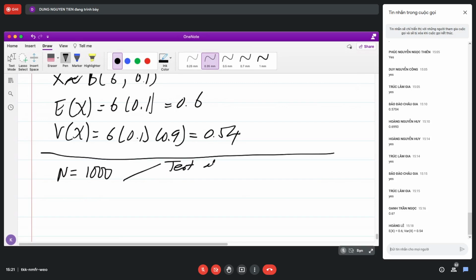Test all 1,000 people. Then how many tests do we need? You need exactly 1,000 tests, right? Another way to do it is not to test all 1,000 people individually.